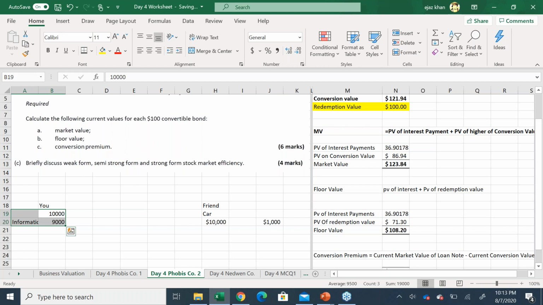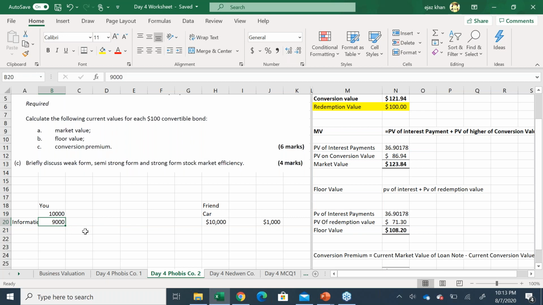That's called weak form of efficiency. You had a weak form of efficiency because the accident took place, then you came to know about this.